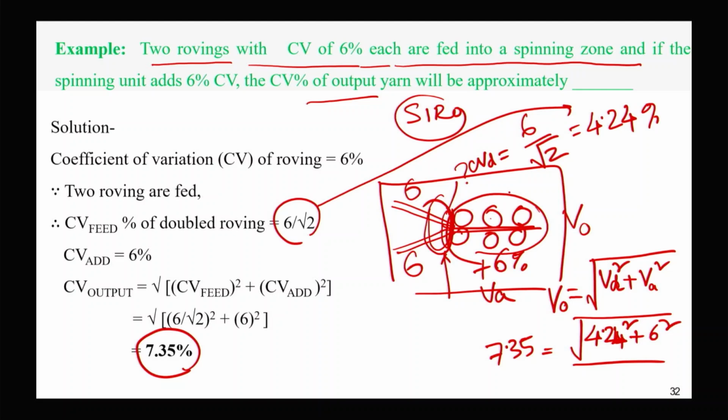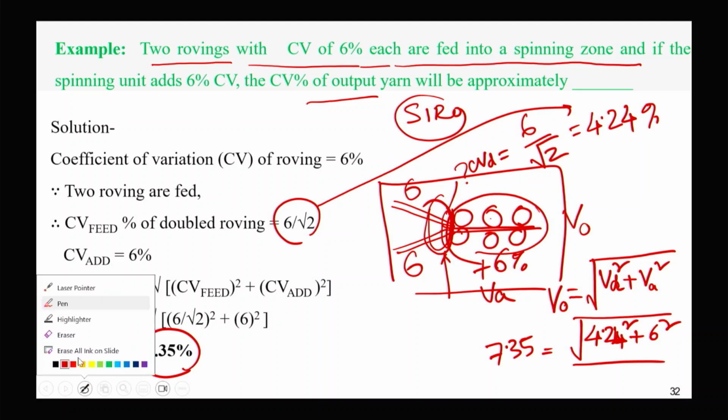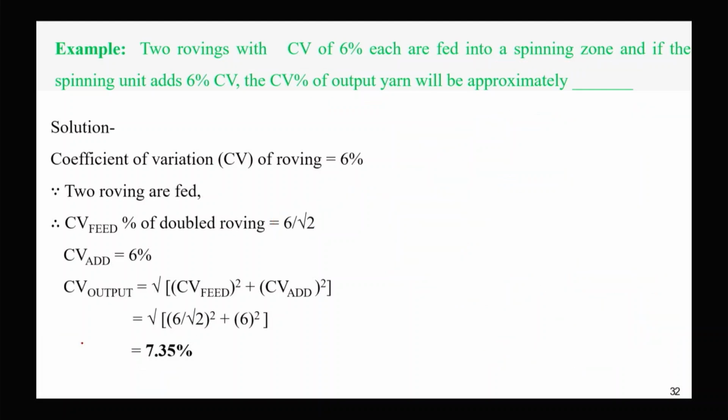In this way we have to calculate the CV of the output material. If the CV of the output material is known, we can calculate how much CV is being added.